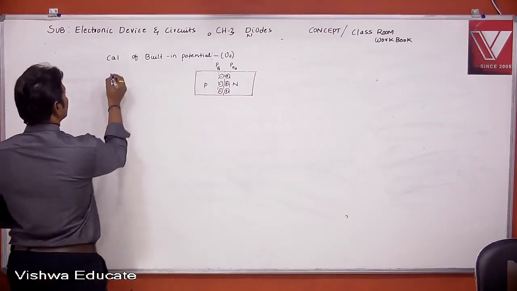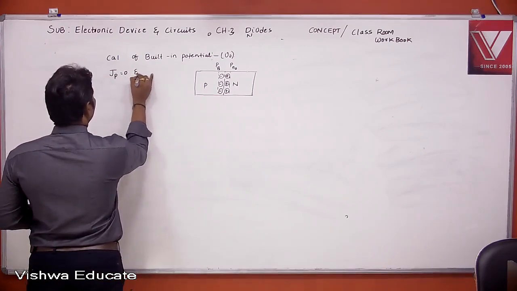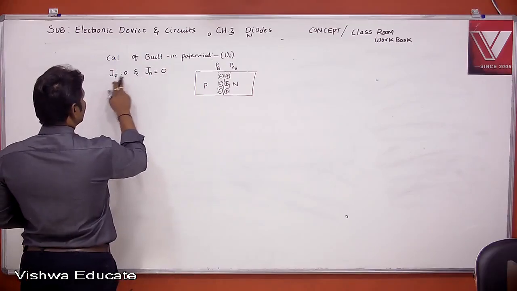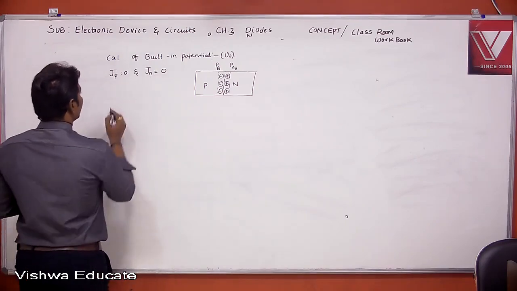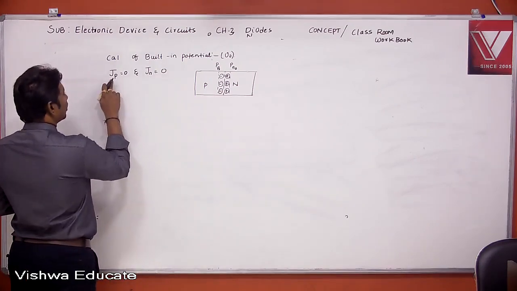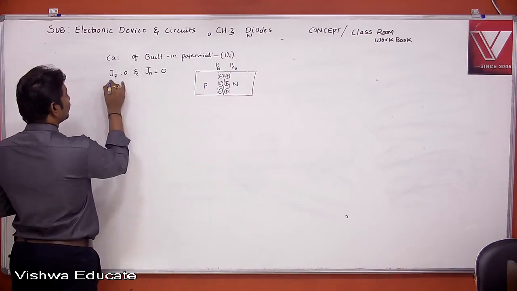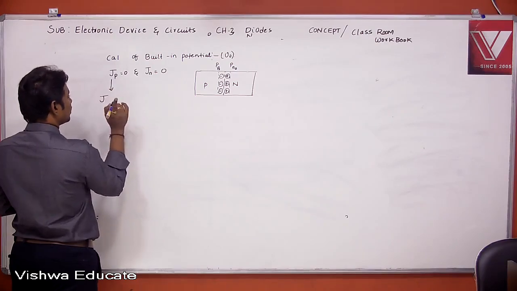Current through the PN junction is 0 means both JP is 0 and JN is also 0. JP means current due to holes and JN means current due to free electrons, right? You know, current due to holes or free electrons arises from two mechanisms, that is drift as well as diffusion.